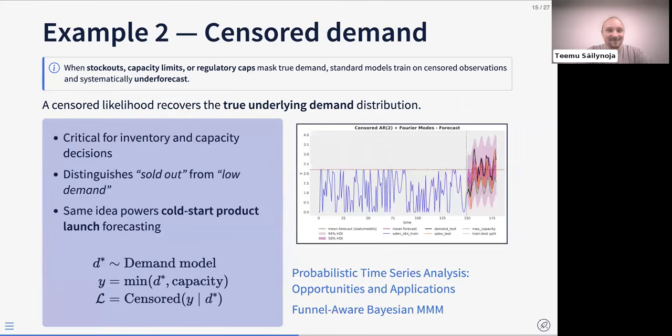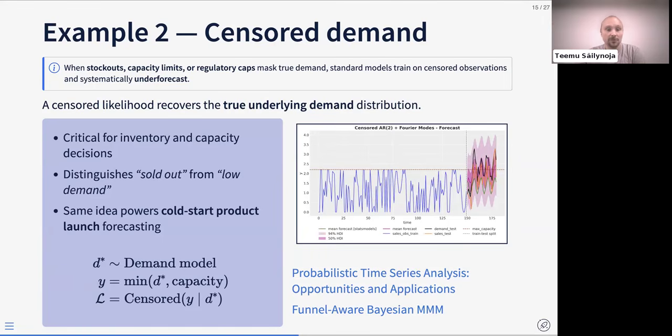Next, another key modeling type that we have found interesting and that also comes up very often are these cases of censored demand. Somehow how we are gaining observations does not necessarily allow us to directly observe what we are interested in, in this case demand.